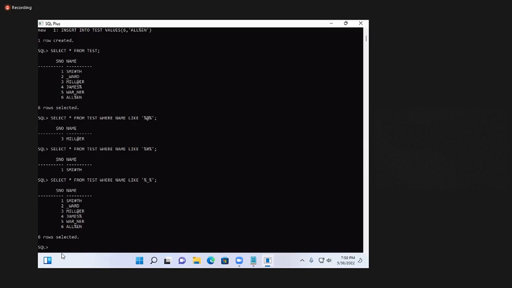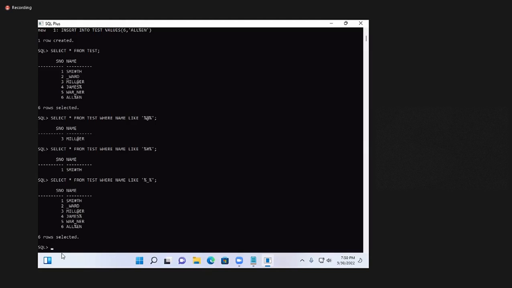It showed the complete table data. All the employee names are showing, but I wanted only the underscore people. There are two people with an underscore symbol, Word and Warner.